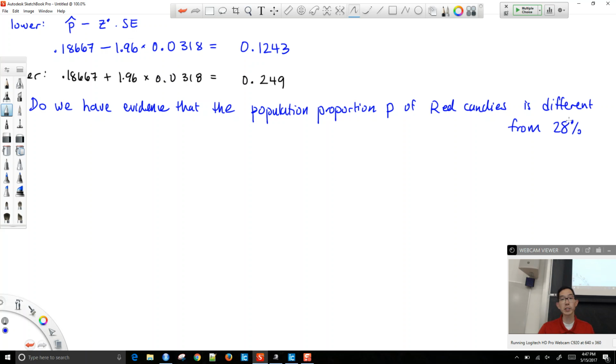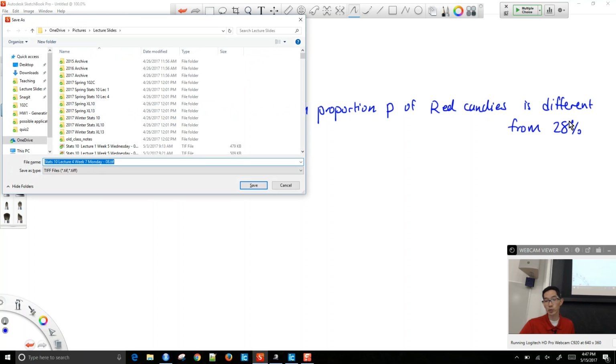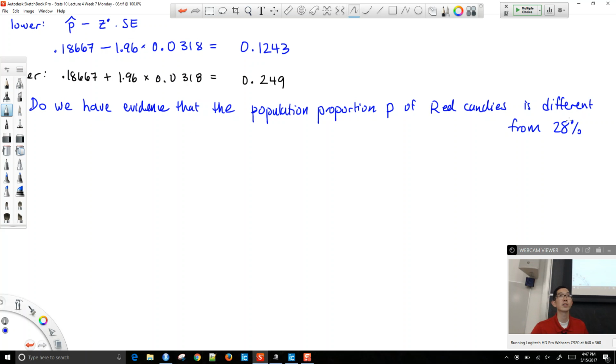Okay, do we have evidence that the proportion of red candies is different from 28%? What do you guys think? Yes? No? Maybe? Okay, well, if we look at this, it kind of represents our range of plausible values.